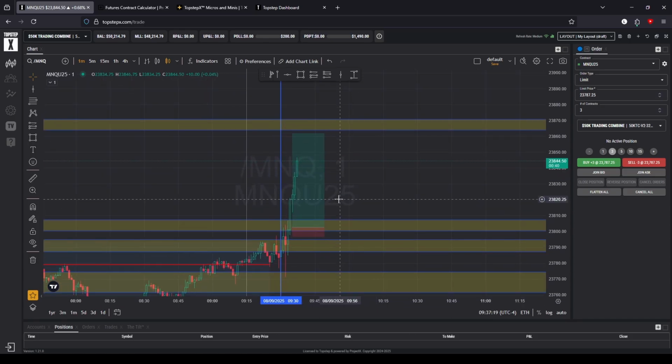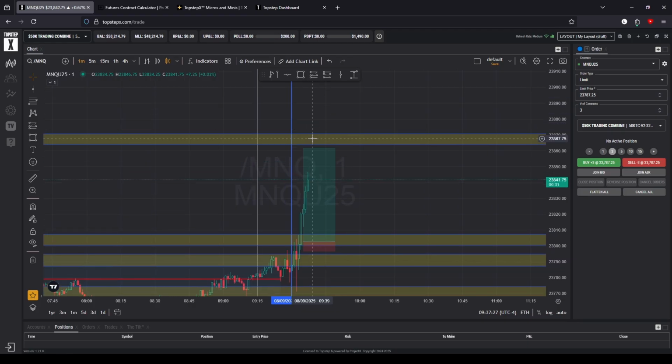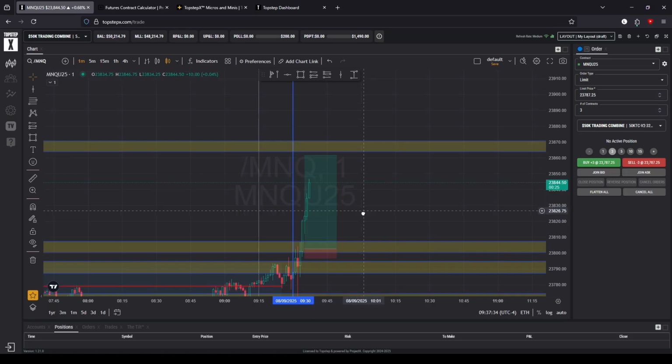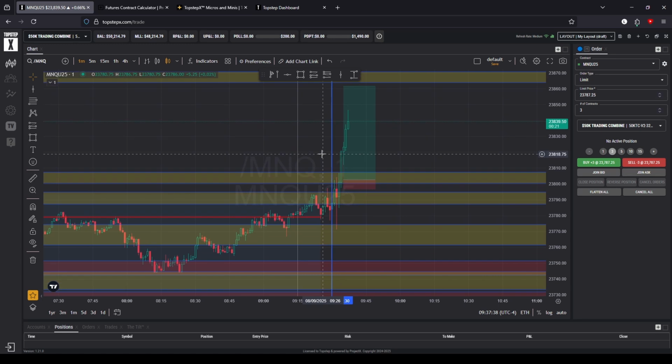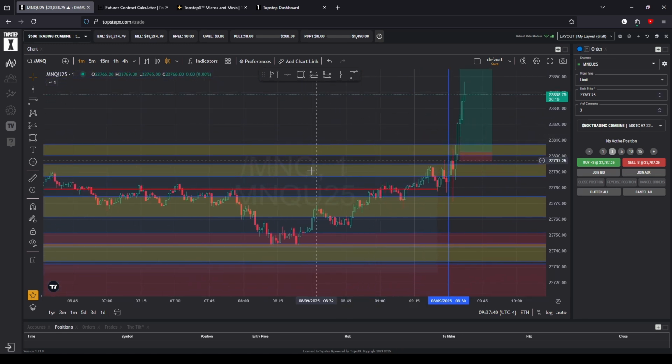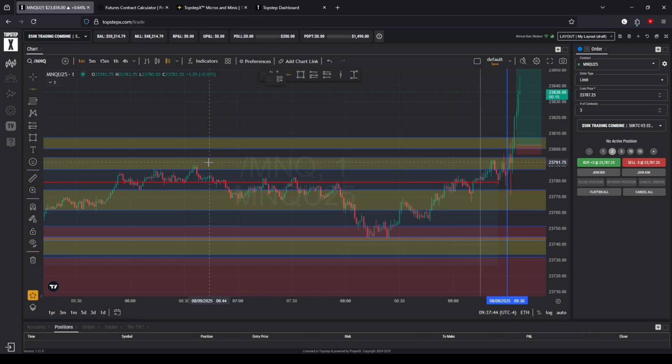Usually, from what I've seen, when you have this crazy pull where it's all just green bars, and then it goes to the zone, it has a bit of difficulty getting through it. It will reject off here and then go back down for a while. But if it goes slowly, then it probably will break through. Like if I take this as an example here.